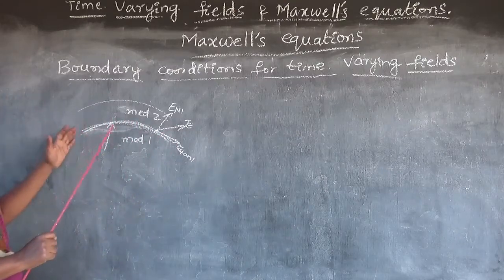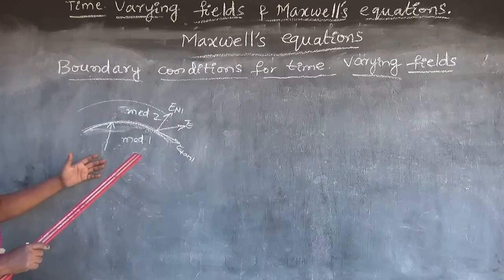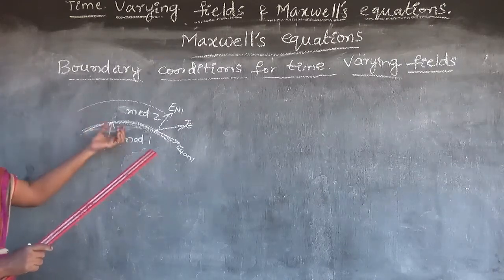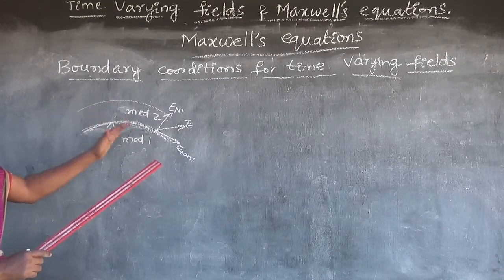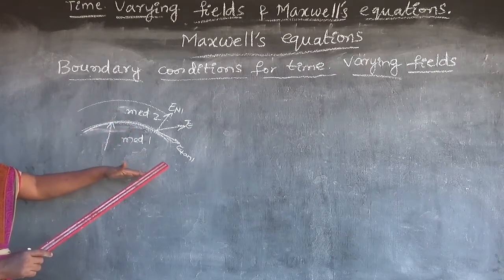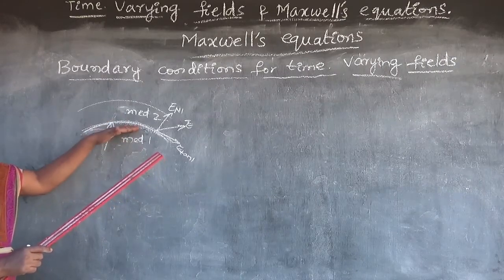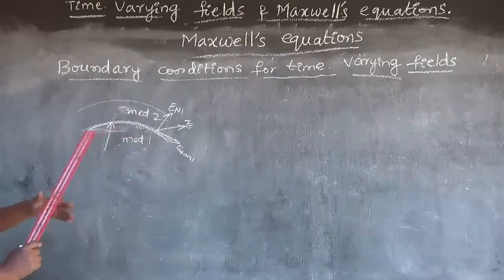We learned two or three cases. In the same way, there will be no change in the boundary conditions for time varying fields. Whatever we get in static fields, we get in time varying fields also.